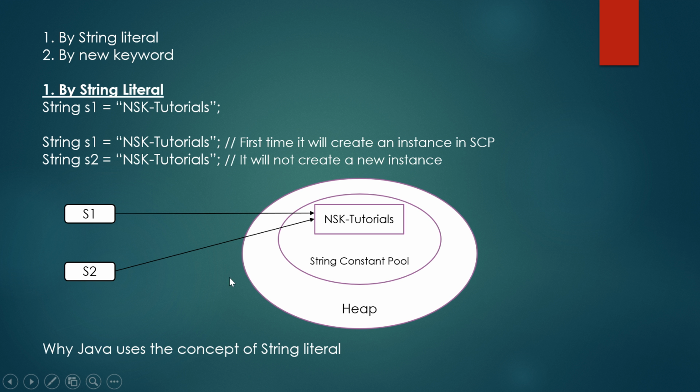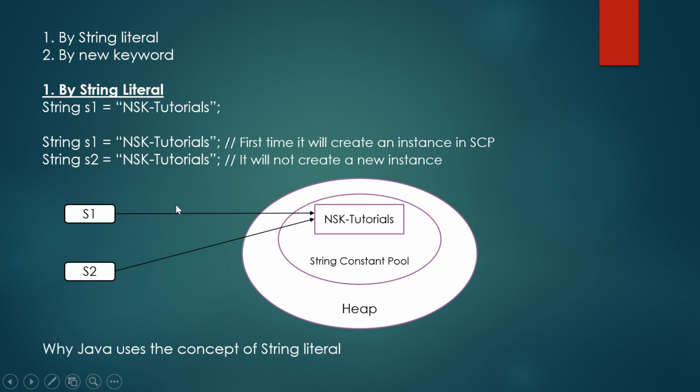If you see the example below, this is my heap memory and this is my string constant pool memory. The first time I declared String s1 is equal to NSK, it checked the string constant pool and created the NSK tutorial instance, and s1 was pointed to NSK tutorial.